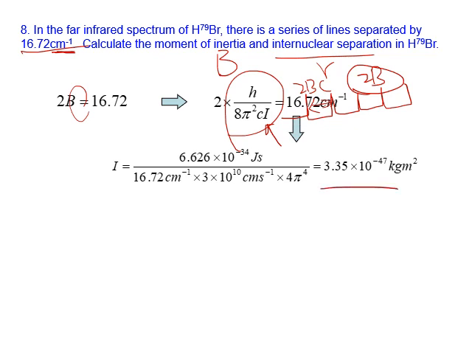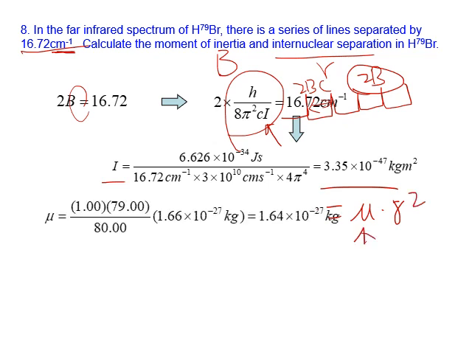With I, you can calculate the bond length if you know the reduced mass, because I is reduced mass times R squared. So you need to find the reduced mass. We have done this many times, so we skip this.